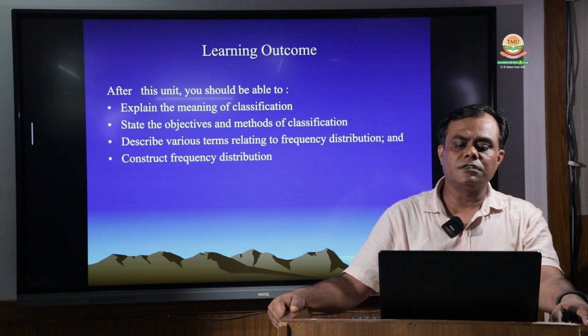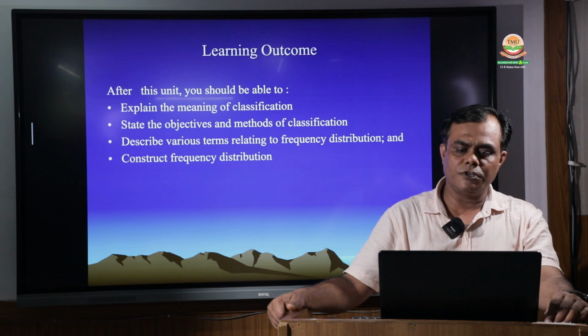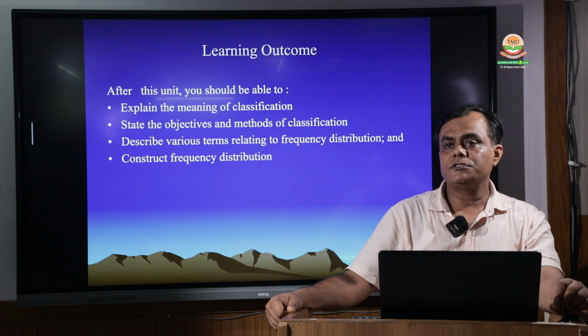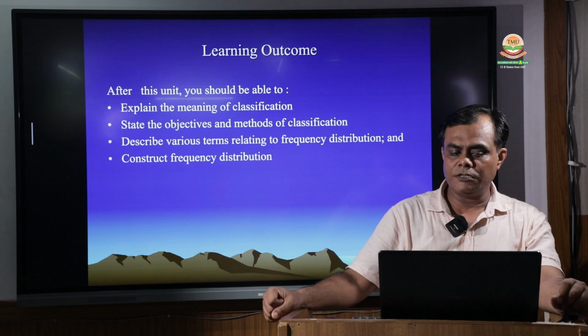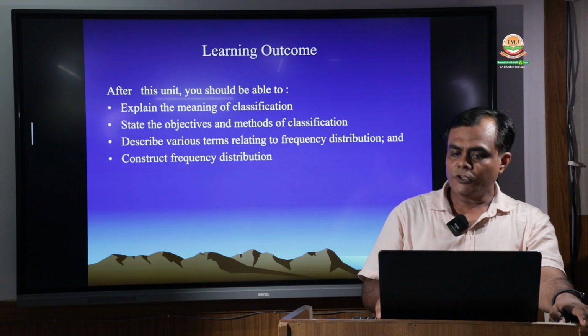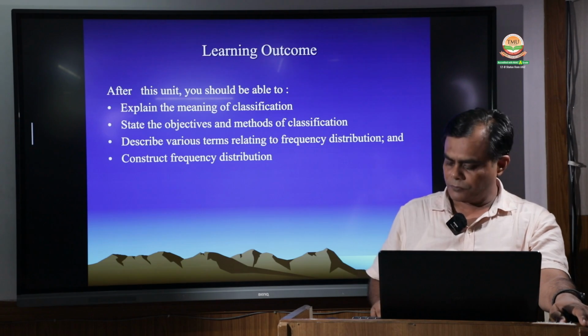Let us consider the ages of 30 students selected at random from among those studied in certain classes. There is a list of 30 students, and that list is given in this slide.